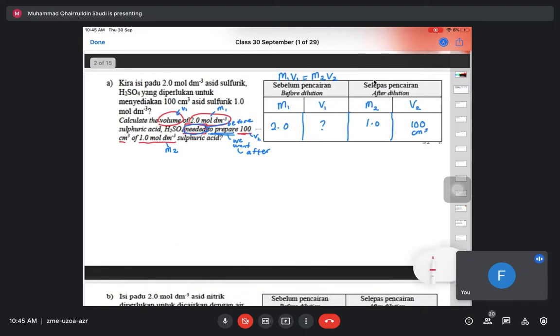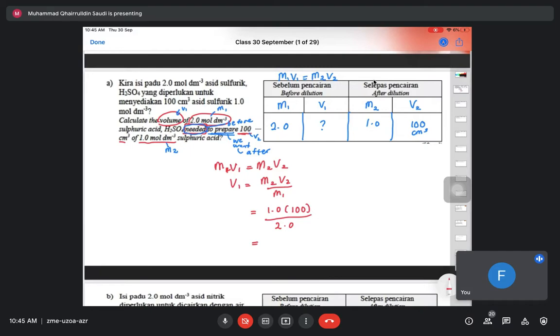And then kita terus guna our formula. M1V1 equal to M2V2. We want to find V1, so M2V2 divided by M1. Masukkan nilai: 1.0 times 100 divided by 2.0.